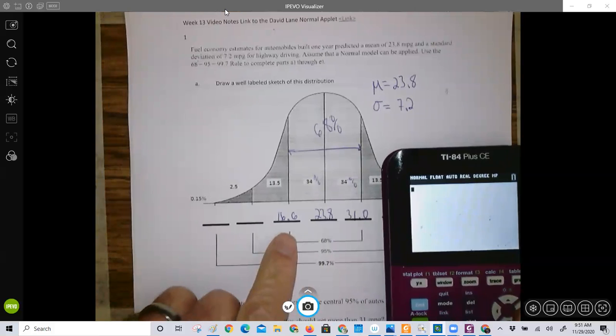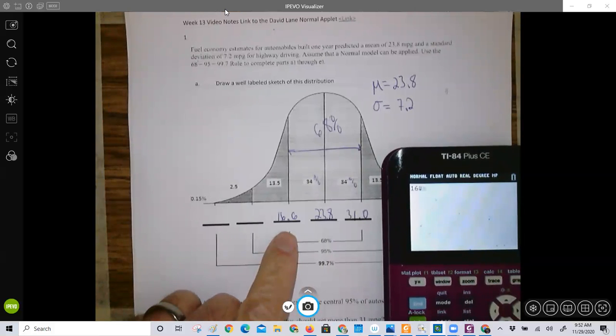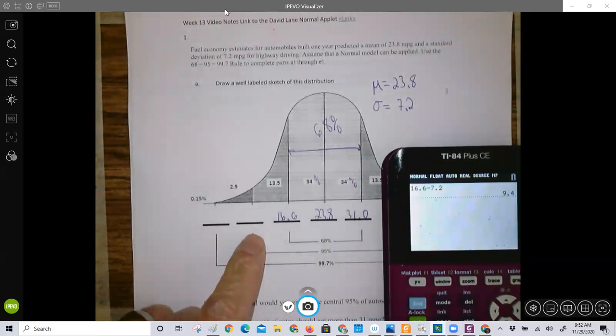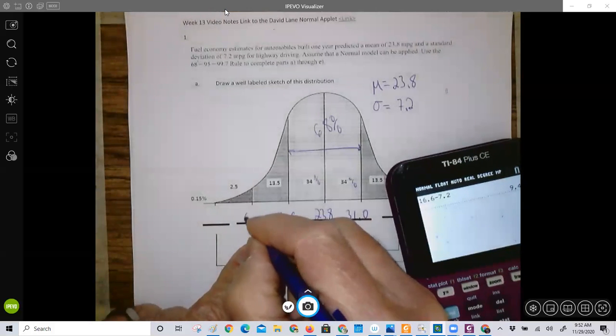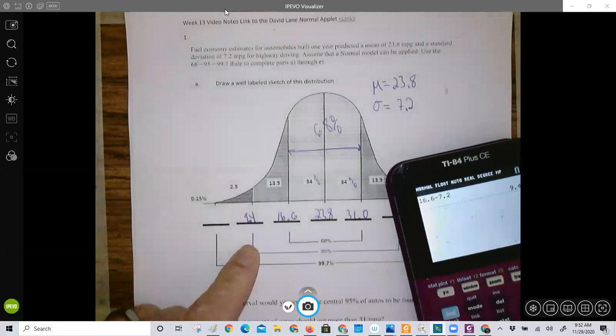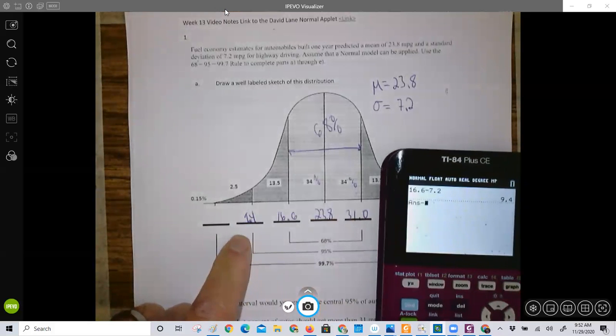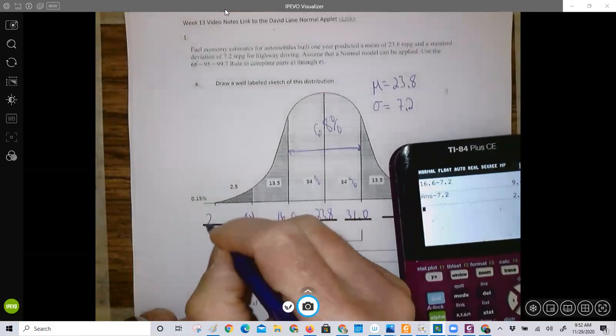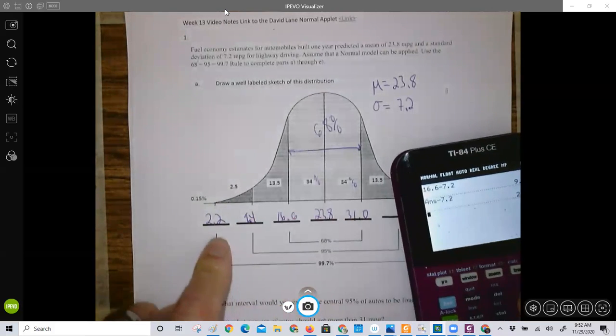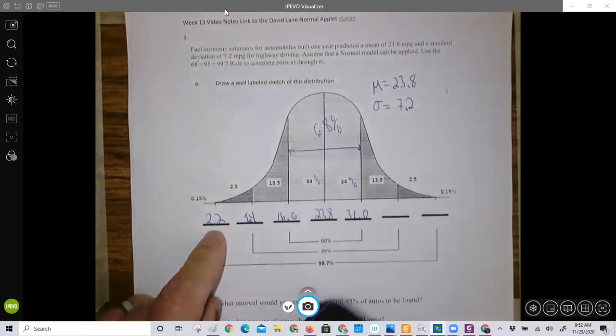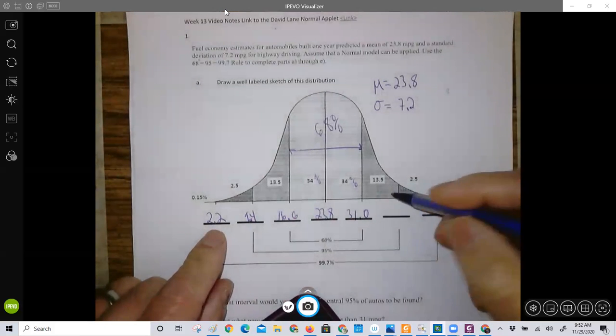So I'm going to take 16.6 and subtract another standard deviation, and that gives me this next cutoff, which is 9.4 miles per gallon. And while I'm at it, I'm going to take away another 7.2 and get 2.2. Man, that must be an 8-cylinder car that is not tuned up very well.